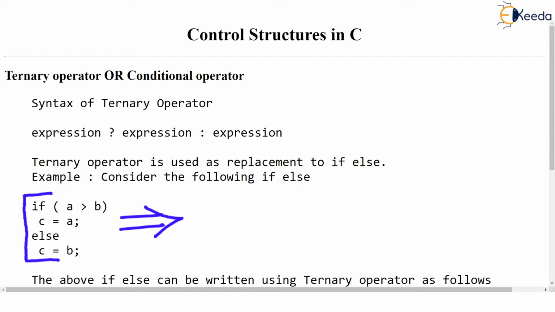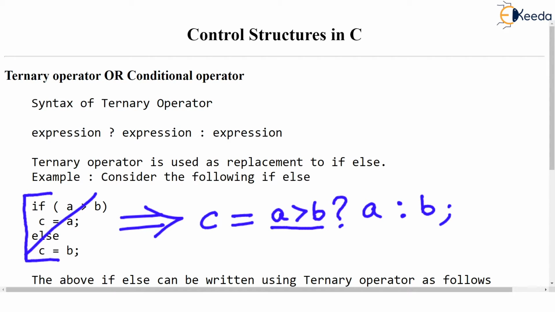We don't want to use this if else. So we can write this as C should become equal to, after all, C will store the value. There is a question mark here, and before this question mark, we will give a Boolean condition, a Boolean expression which can either evaluate to true or false. And after that, we'll give A, then colon B.